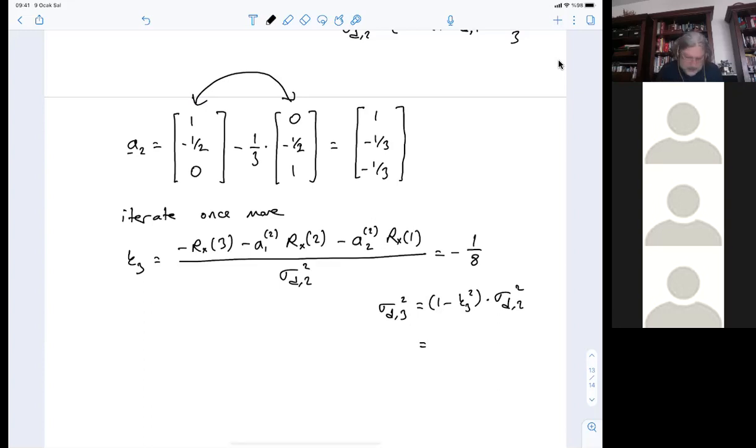And this is calculated to be 21 over 32, which is slightly less than 2 over 3, but not much. So as we can see, these autocorrelation values are really poor for predictive coding kind of things.